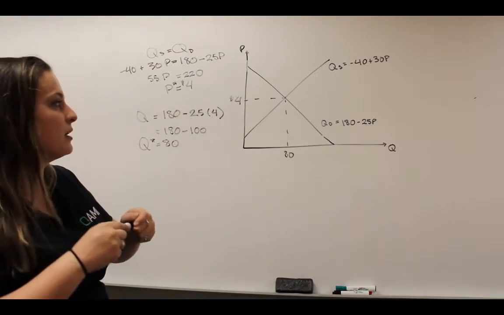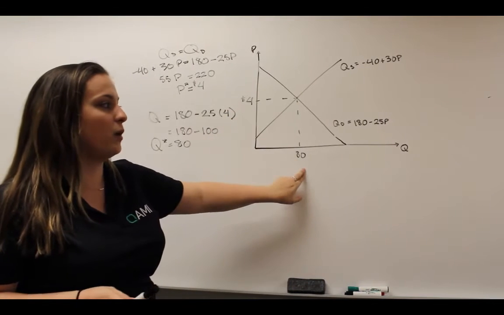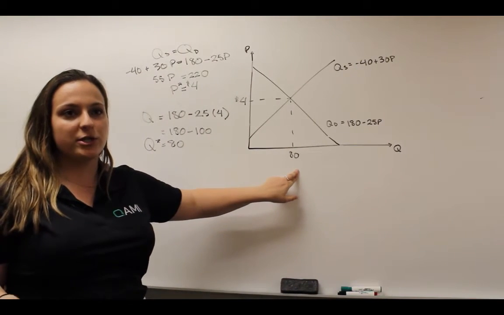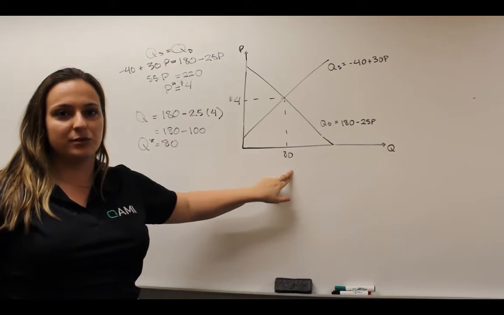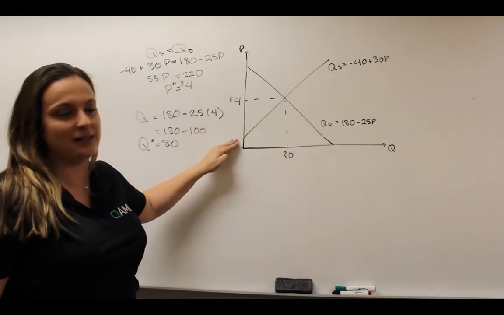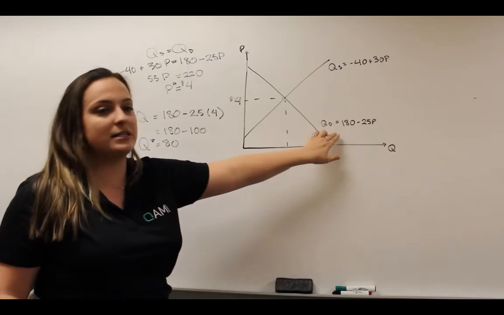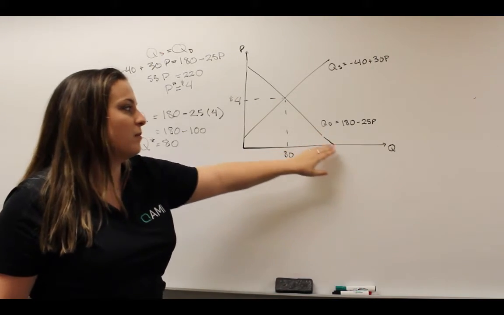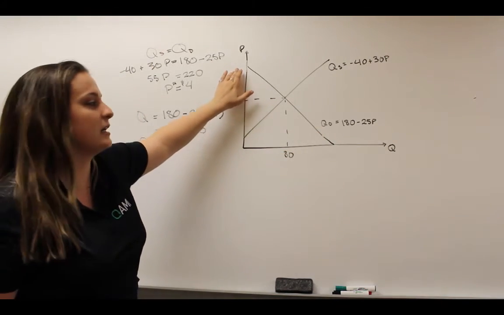Now we've solved for our equilibrium price and our equilibrium quantity, but there will be situations where it's helpful to know where the quantity supplied intersects the y-axis of price and where quantity demanded intersects both of our axes here.